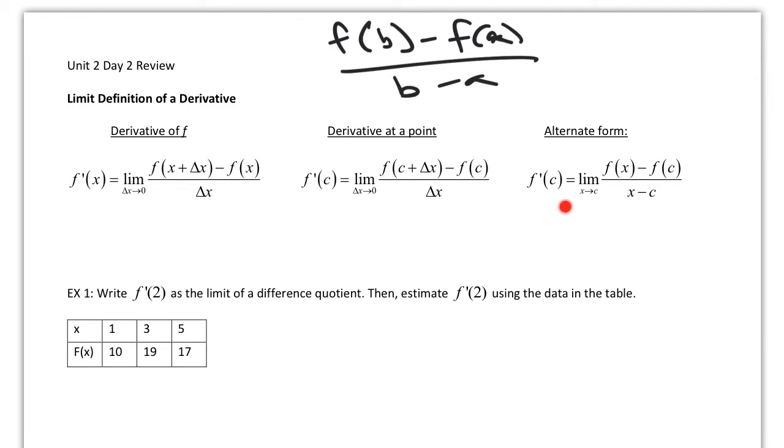And then there's the alternative form of the derivative at a point, which looks a little bit more like this difference quotient, where x is now approaching the value c that you're trying to find the derivative at.